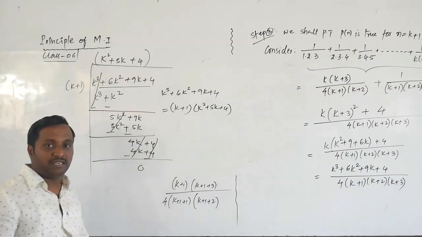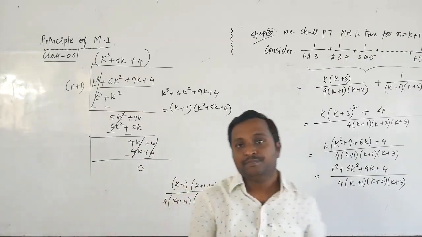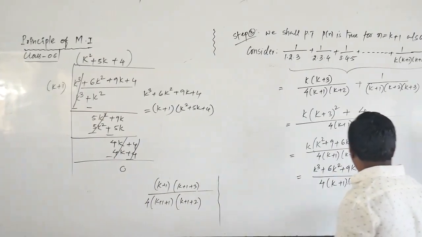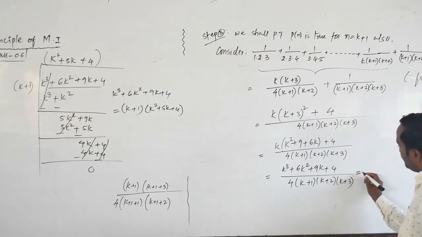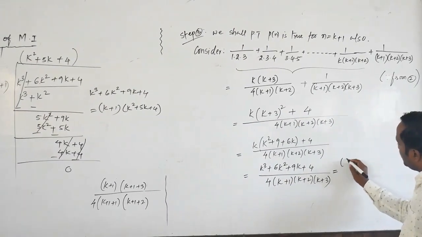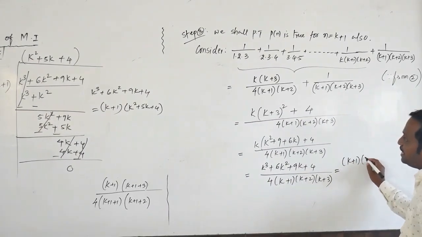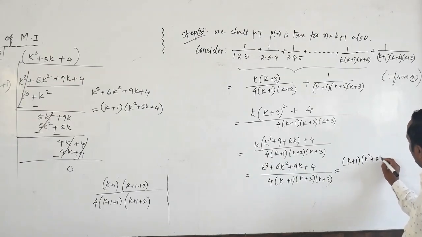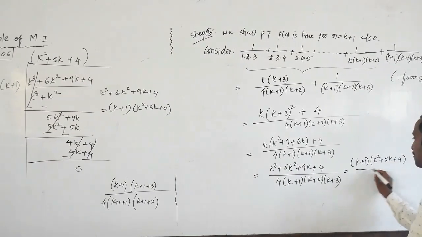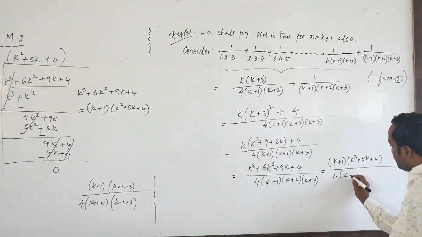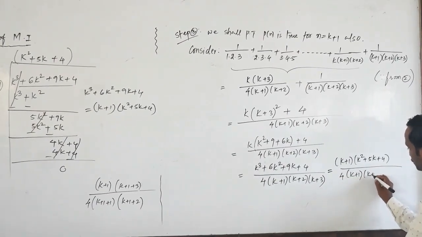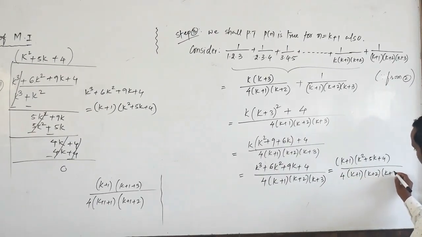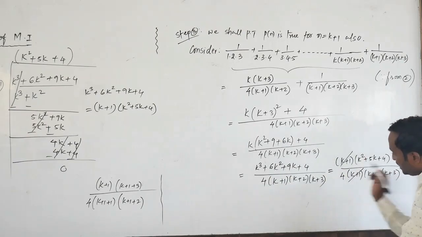This is school, there is no problem in an exam, and you can replace this. So very good. You can write k plus 1 into k square plus 5k plus 4 by 4 into k plus 1 into k plus 2 into k plus 3. k plus 1 gets cancelled.